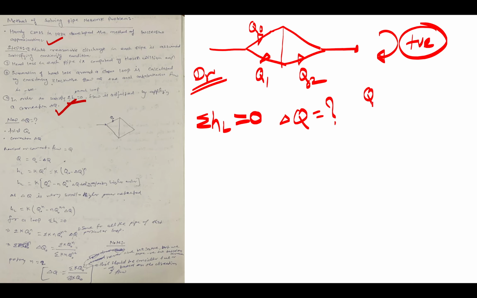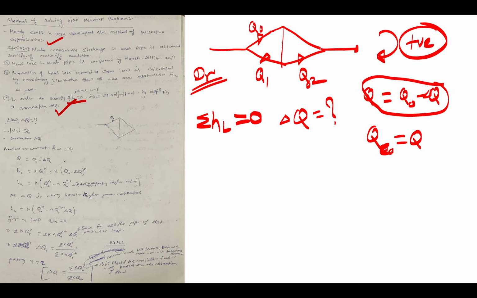So your actual discharge, your corrected discharge, you can say, is Q naught minus whatever correction you have applied. Sometimes it will be added, sometimes it will be minus. That is your correction. This is your corrected one. So Q naught minus delta Q.